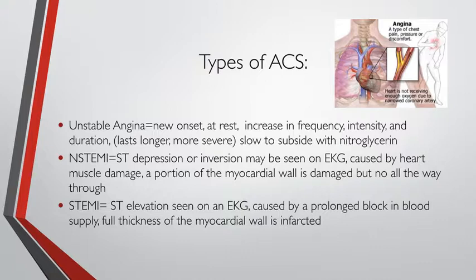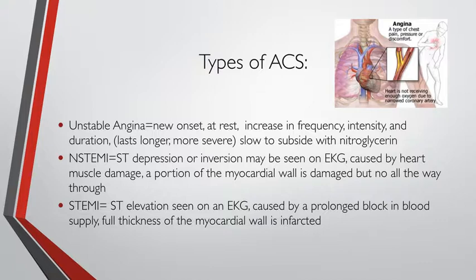So that causes an imbalance between oxygen demand and delivery of that oxygen through blood flow. With just regular, plain old, stable angina, your troponins are going to be negative. And remember, we talked about troponins being the most sensitive lab value to look at to see if there is some sort of cardiac damage.